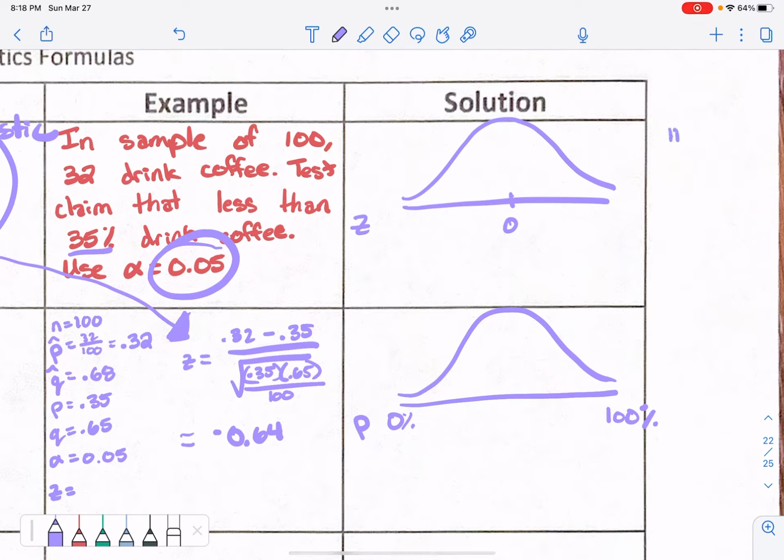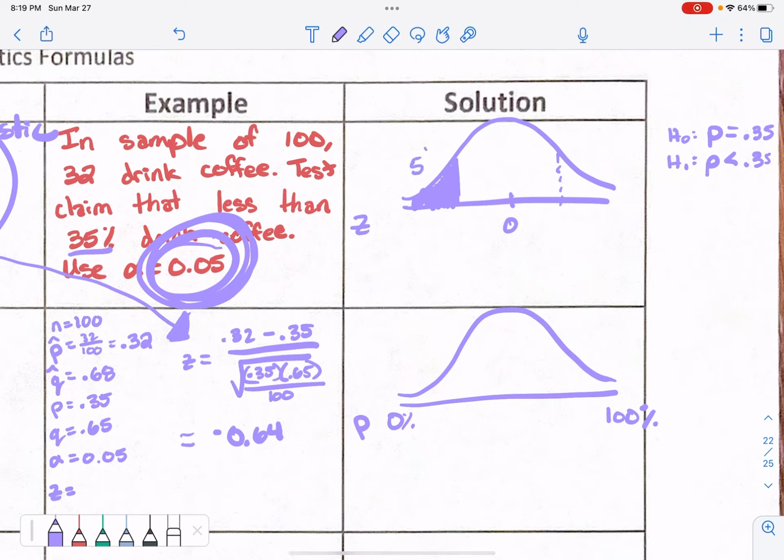So let's do this maybe. H naught, H1. We are saying that p is equal to 0.35 and p is less than 0.35. That's what our stuff will be, and we're going to do just one tail then. And we still have an imaginary tail over here. So 5% is my significance level, this guy right here.